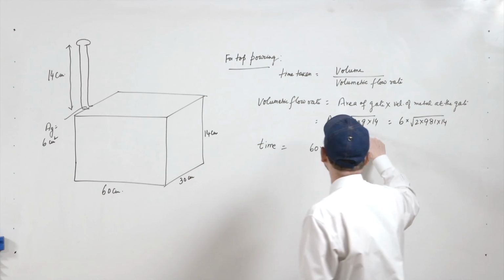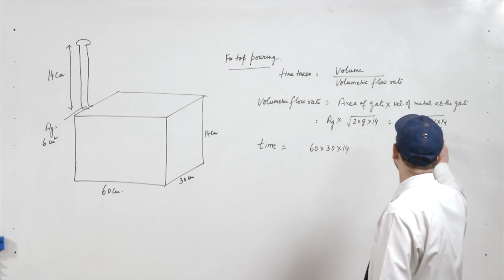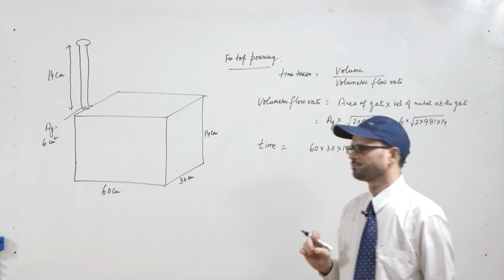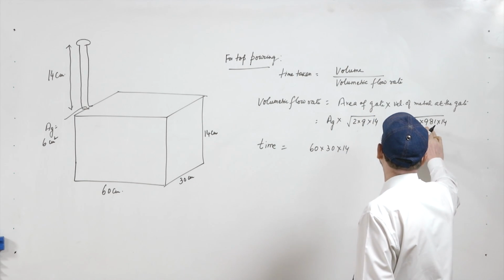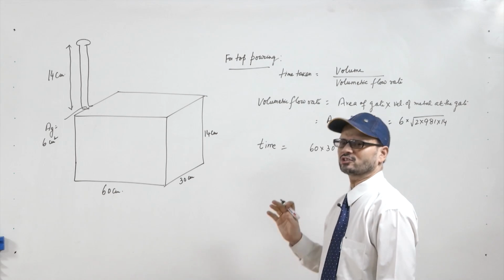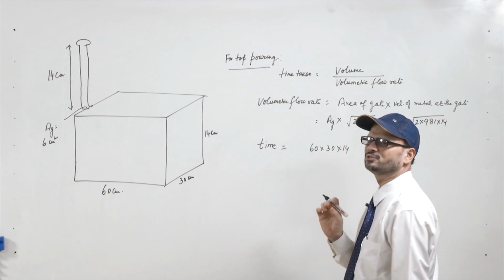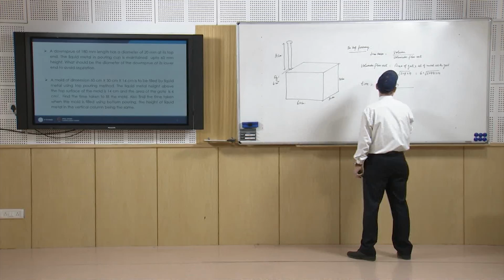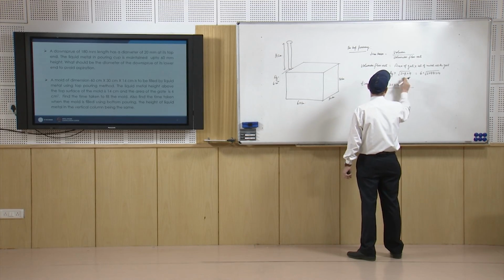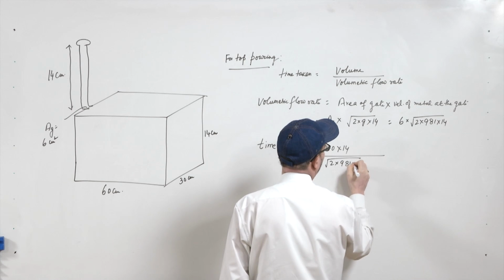We have taken g as 981 centimeter per second square, sorry. So, that is the value of g in that unit. So, it will be divided by this volumetric flow rate 6 into under root 2 into 981 into 14.